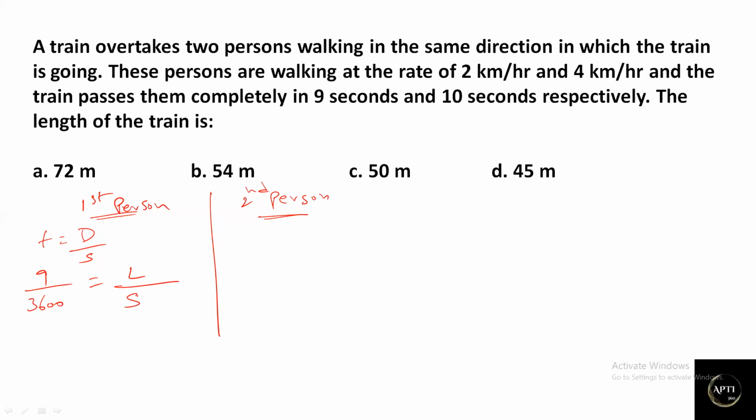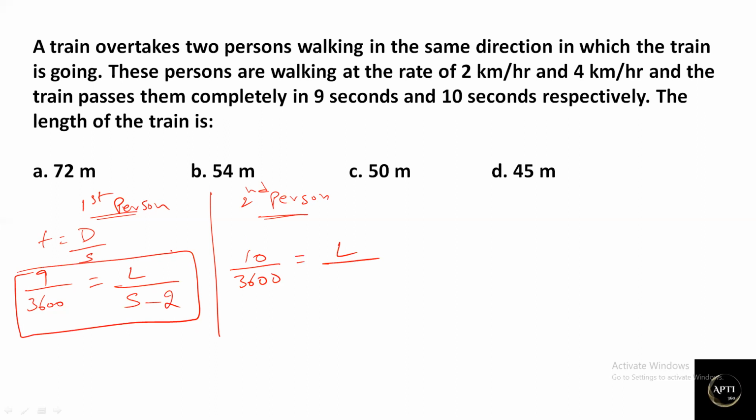If both are moving in the same direction, can I write it as S minus 2? Of course, because minus means both are moving in the same direction. The train and the first person are moving in the same direction, clearly given in the question. This is the expression we got. Similarly, I'm writing for the second person. Time is 10, so 10 divided by 3600 is equal to the length of the train.